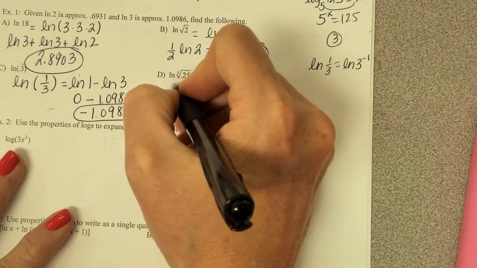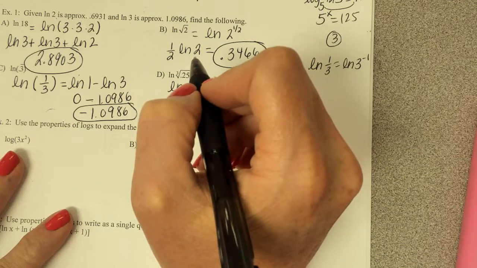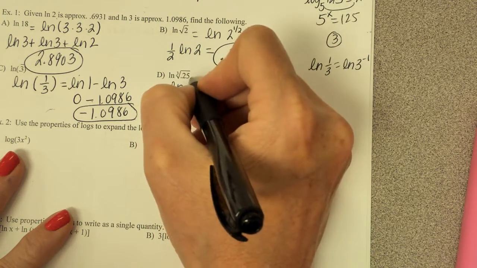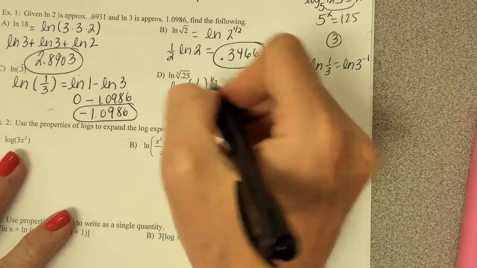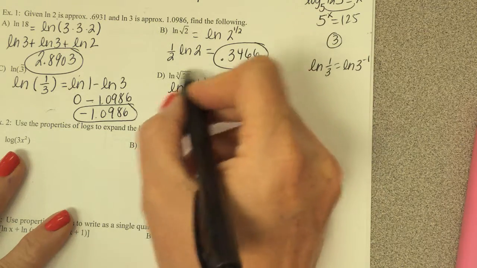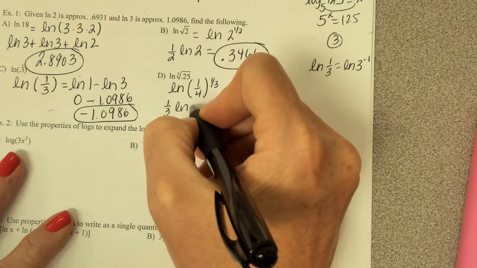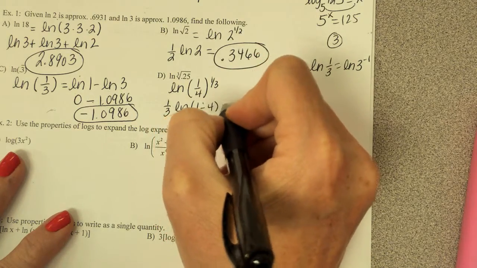Okay, letter D. Natural log 0.25. What's that as a fraction? 1/4. So I'm going to have 1/4 to the 1/3 power. Cube root means to the 1/3 power. So I want to pull the 1/3 down in front. And I'm going to have 1/3 the natural log of 1 divided by 4.